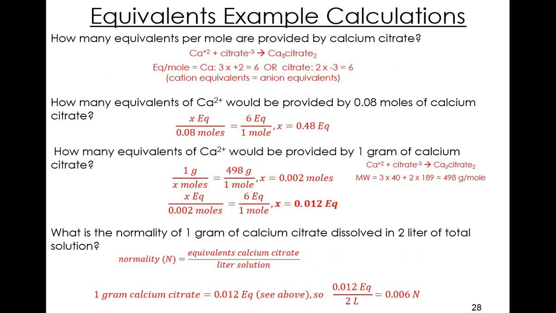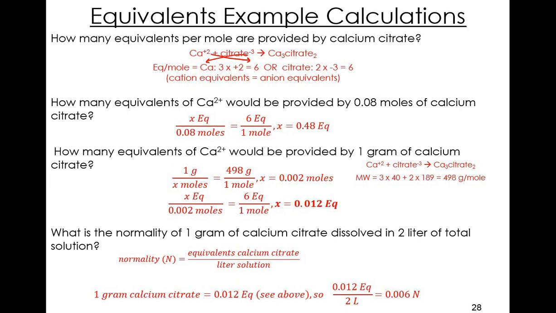Okay, in the first example, it asks how many equivalents per mole are provided by calcium citrate. So calcium has a charge of +2, citrate has a charge of 3. We don't know what the subscripts are until we crisscross. And then we get calcium 3, citrate 2.